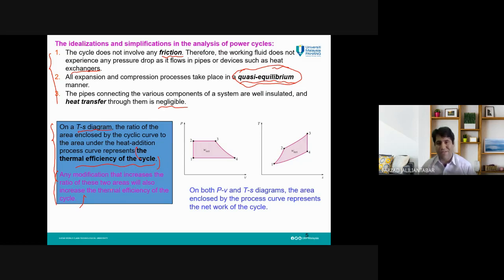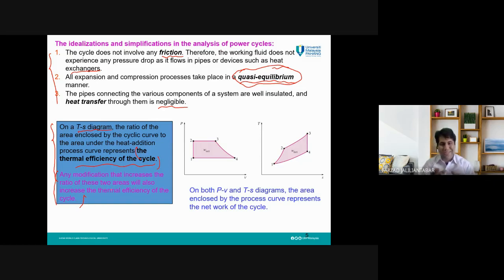You need to increase the efficiency of your engine, because your engine actually is a heat engine. It consumes fuel and produces thermal energy. That thermal energy is used to run the piston and to provide work and power for your car. Then your car can travel.